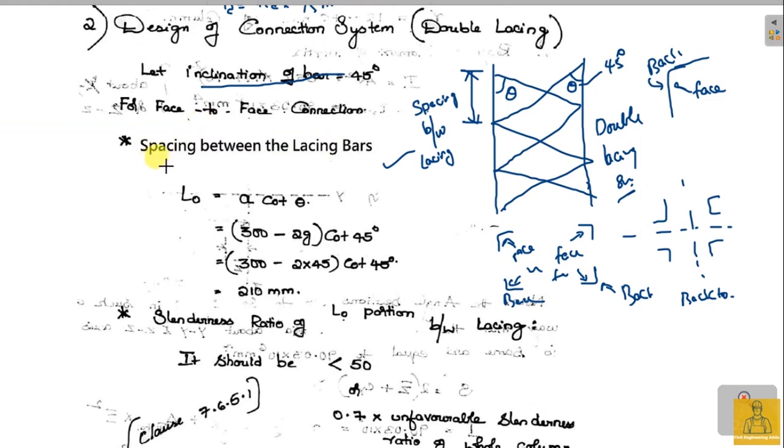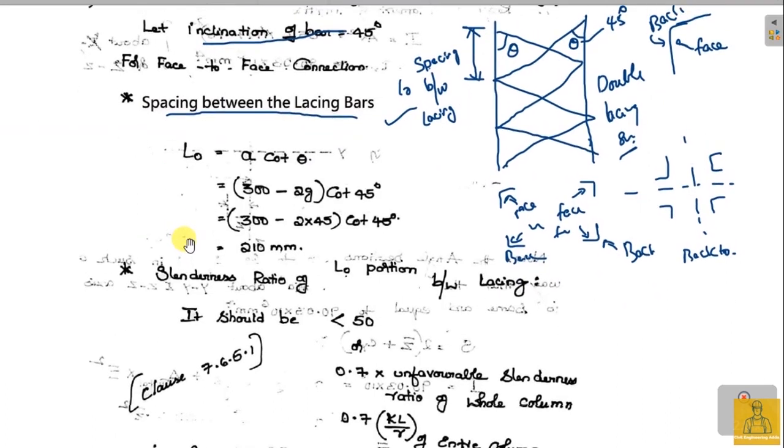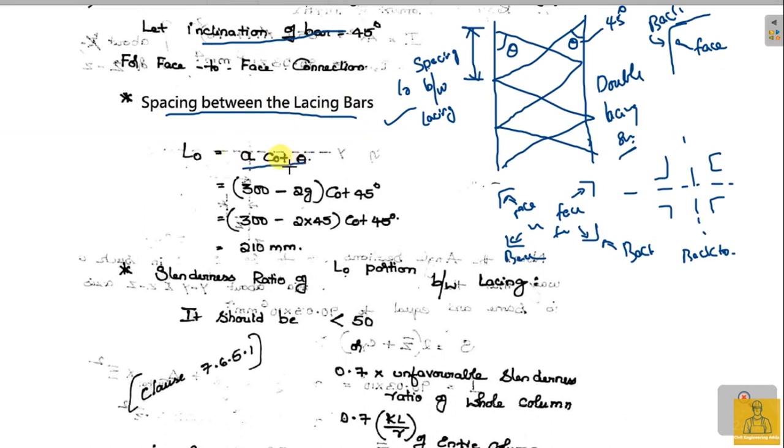So first of all, you have to find out the spacing between the lacing bars, which is denoted with L naught. We have seen these expressions in the previous problem, so I'm not going through the equations for how we got this. If you have any doubt how we got the equation L naught equals a cot theta, refer to the previous problem in which we discussed everything in detail.